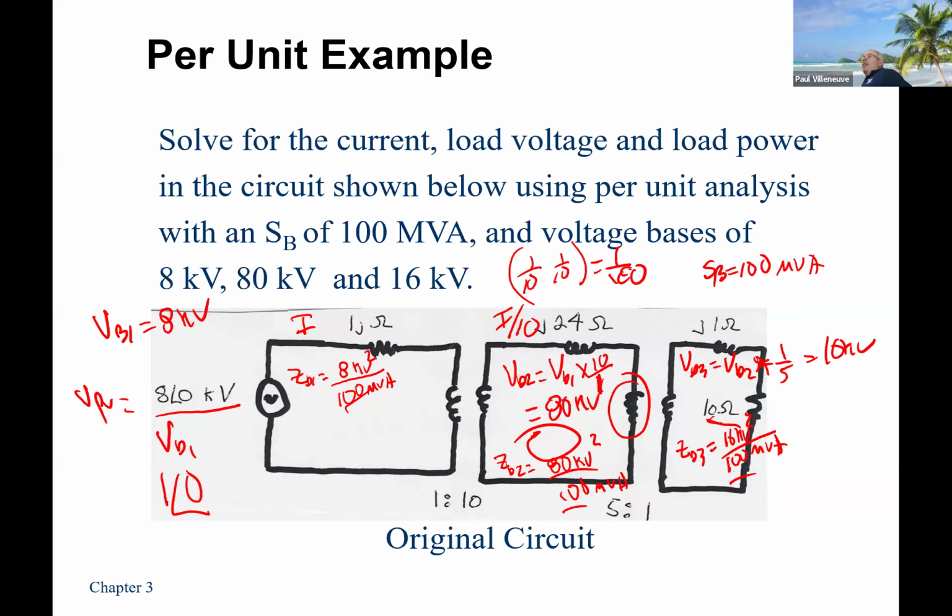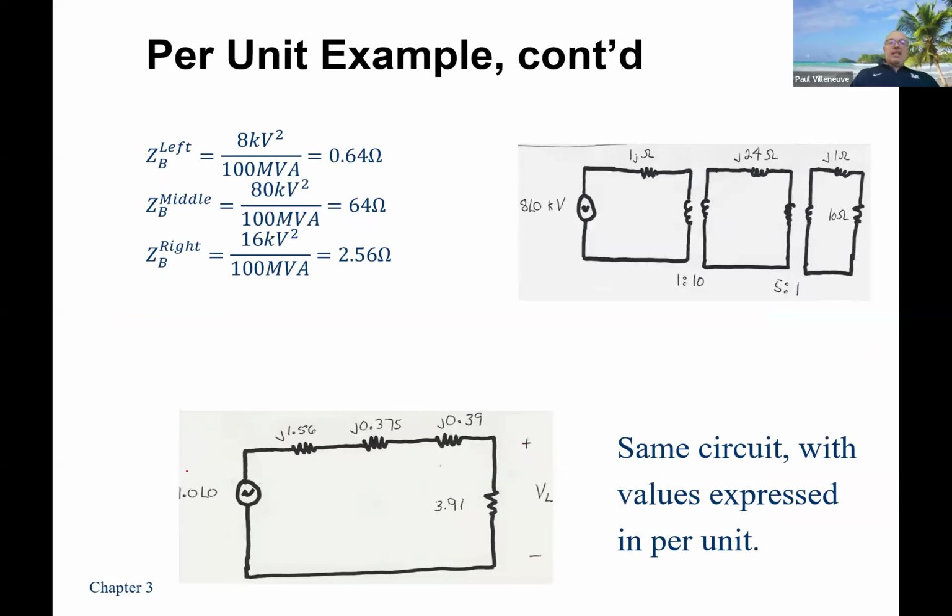Z base is in ohms. S base is in MVA. I base is in amps. All right. But the actual per unit quantities aren't there. So now my diagram becomes this right here: 1 at an angle of 0 divided by 0.64 ohms.